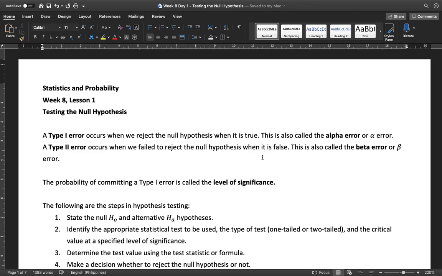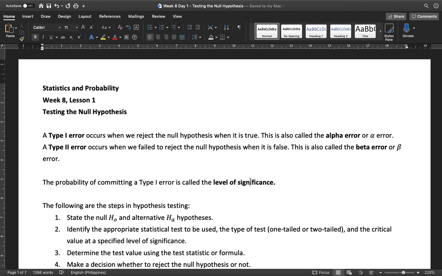So, mag-ingat tayo sa mga errors na ganyan. Now, in testing the hypothesis, ang focus naman natin is we're going to take a look at if we're going to reject it or not. Now, the probability na makommit natin yung alpha error, ang tawag natin ay level of significance. So, we set two values for the level of significance. Ang alpha natin, it would be equal to 0.05 or 0.01.